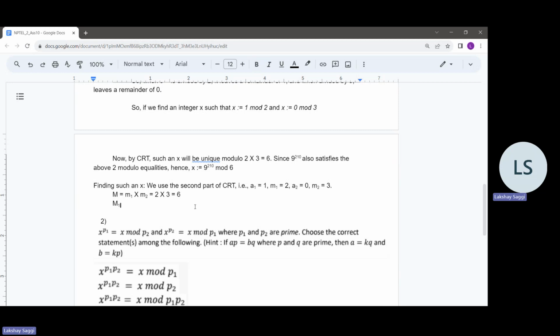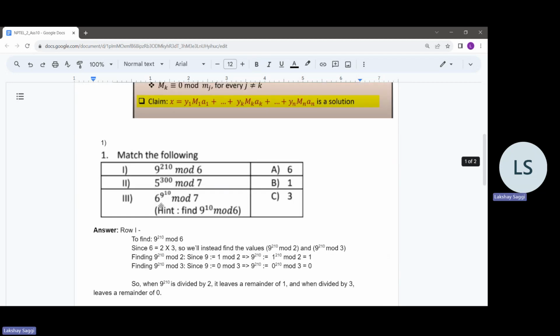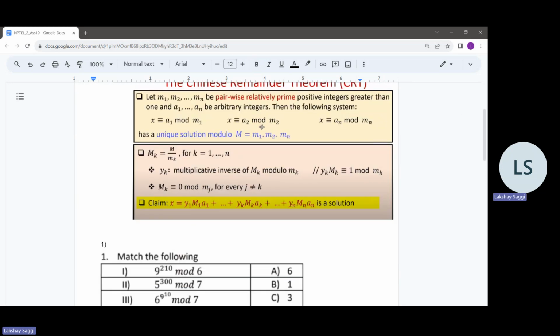Similarly, capital M1 is nothing but capital M divided by small m1. These are just formula-based stuff. I'm just plugging in these values of a2 equal to 0, m2 equal to 3, a1 equal to 1, and m1 equal to 2, and we'll have this x as the final solution. I'm not doing anything fancy; maybe you can try these calculations yourself also, but I'm just following along.